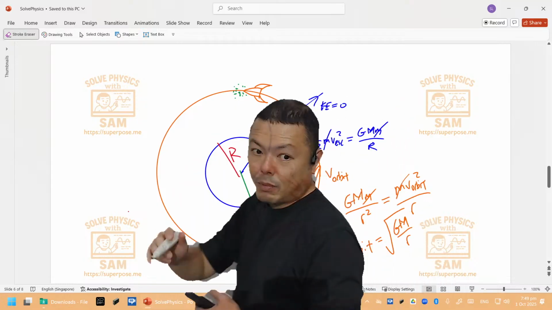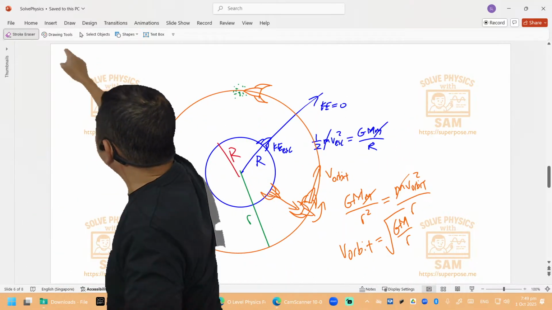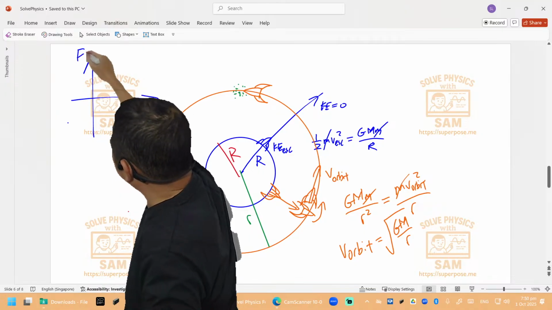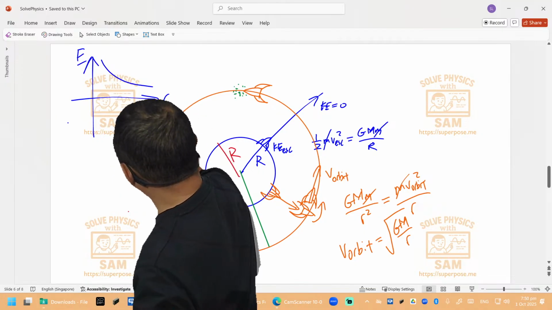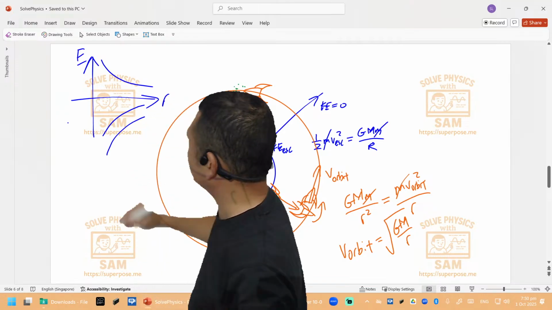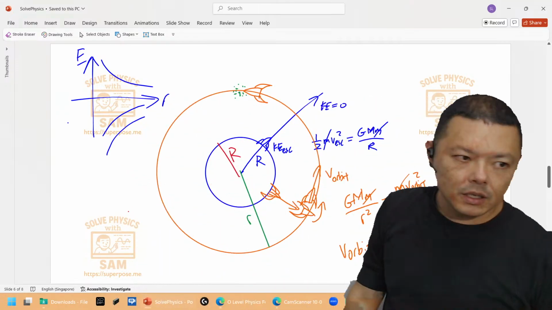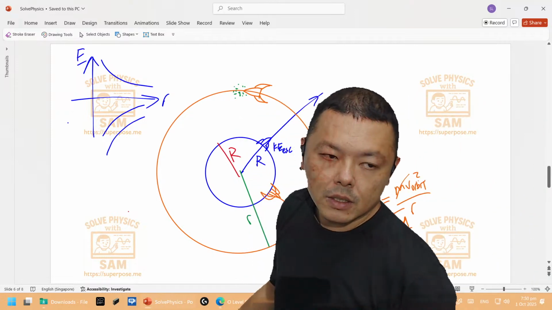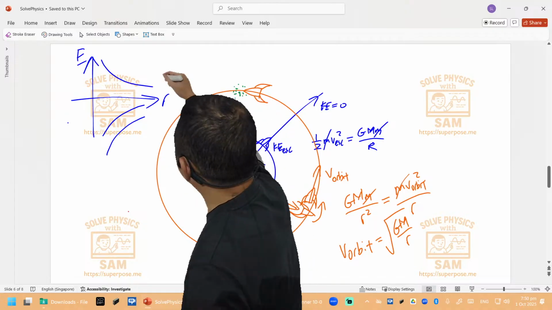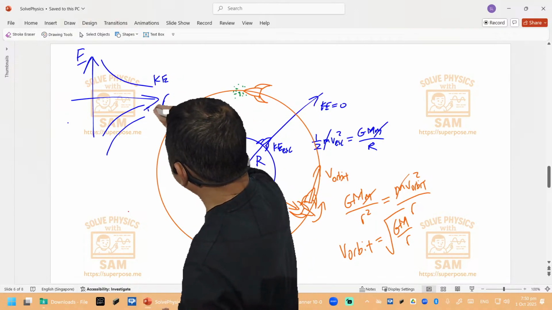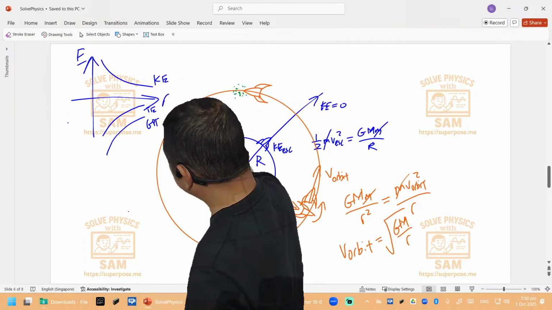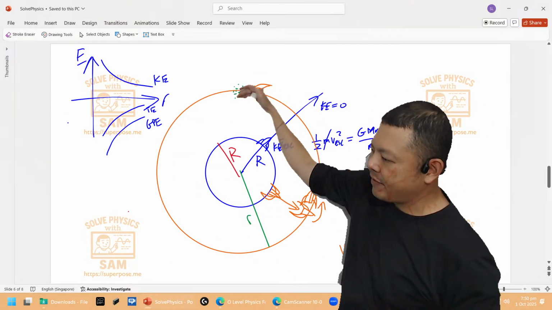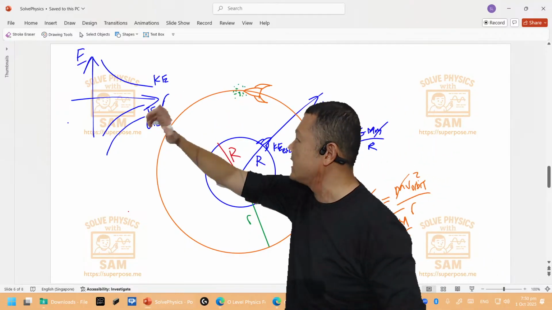So when we talk about orbital energies, you need to recall these three energy-r graphs. Do you know what these three graphs are? What's the top graph for? Middle? Bottom? So KE, TE, and GPE. Your job is to understand that the moment the rocket encounters this debris field and loses energy, it loses total energy.